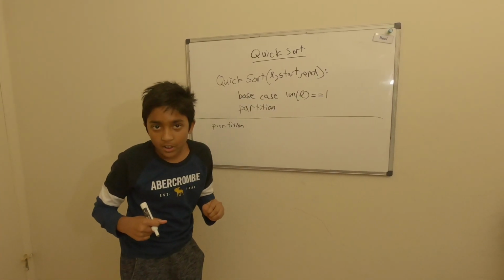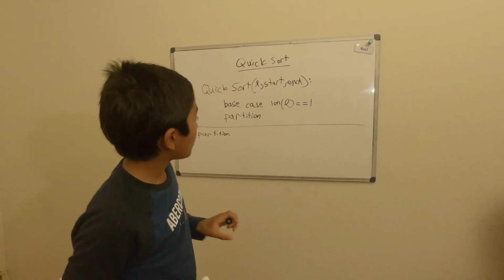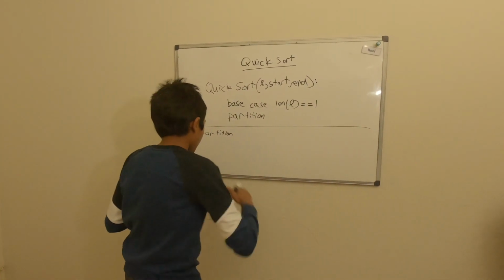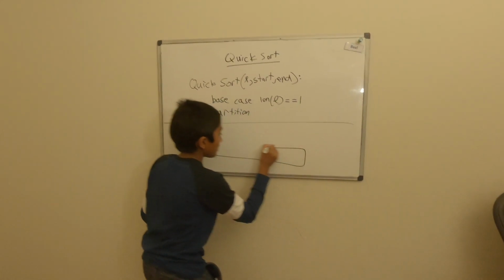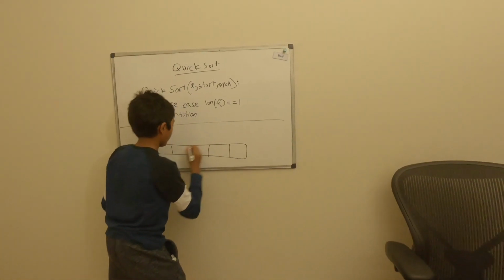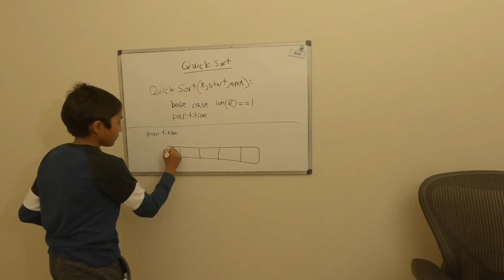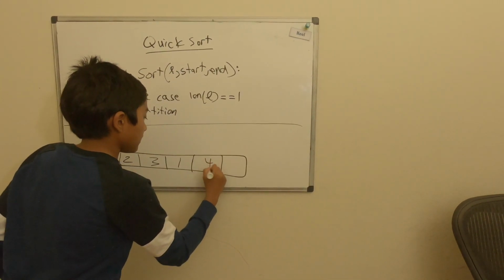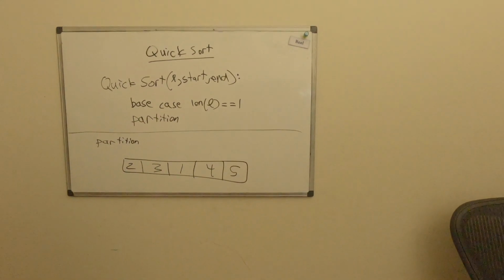Once you're done with your partition, you'll take your two smaller lists. So let me explain how this works. So I have this list, right? Let's say that this is the order and we want to sort it.